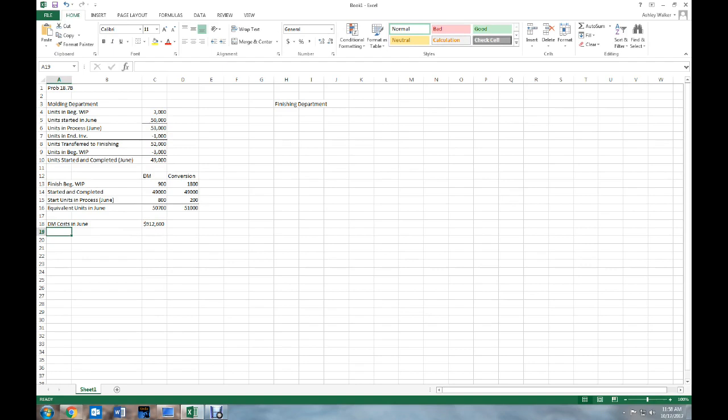That is actually going to be our cost because we didn't have any transfer costs, and our conversion costs incurred in June were all incurred in June. So direct materials, we're going to split those up.